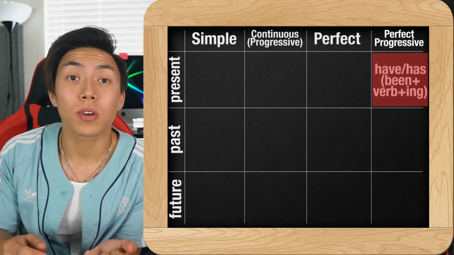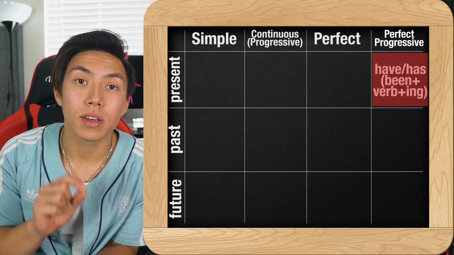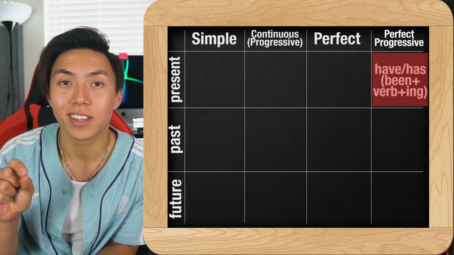So basically you're kind of like pausing your event for a little bit and taking this moment to just take in and congratulate yourself on the time spent doing a certain activity, if it's, you know, present, past, or future. And the way to structure that is pretty simple. So present perfect progressive, you're gonna say, I have been learning.